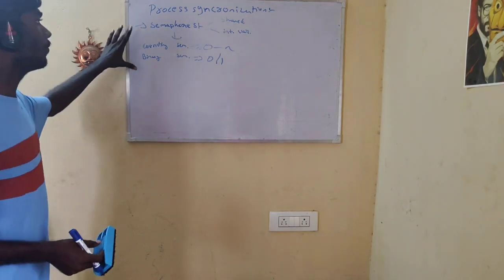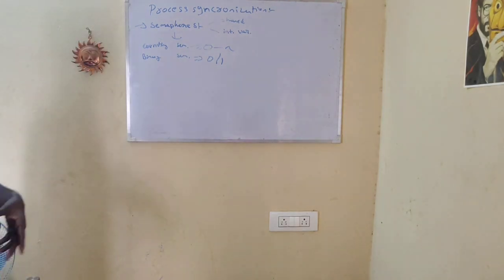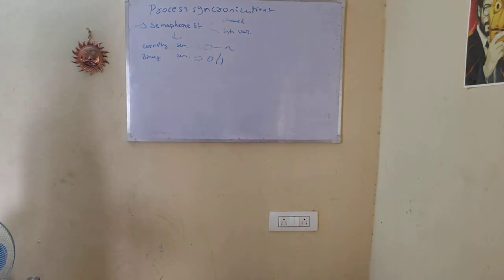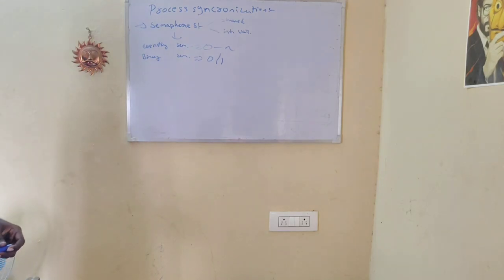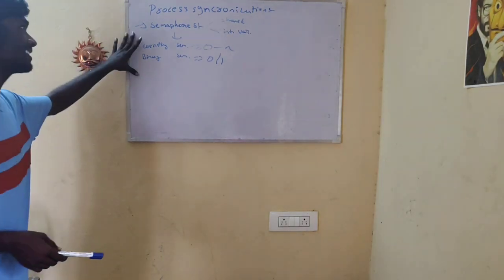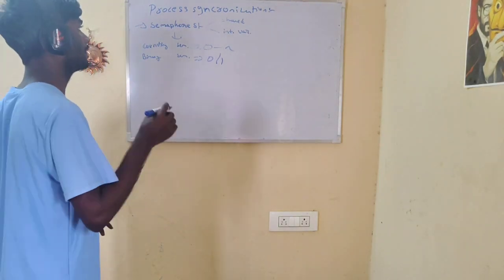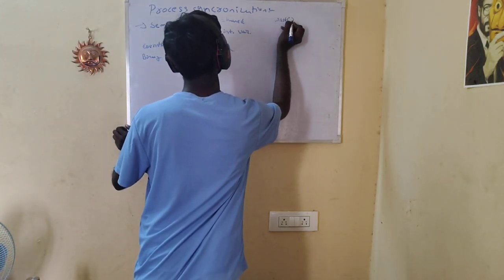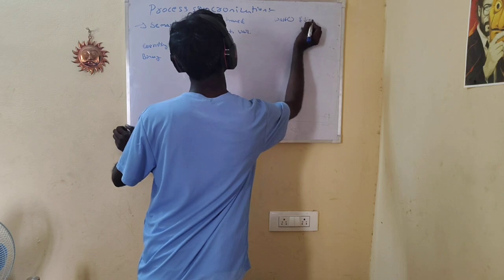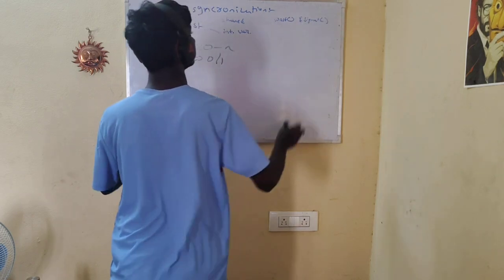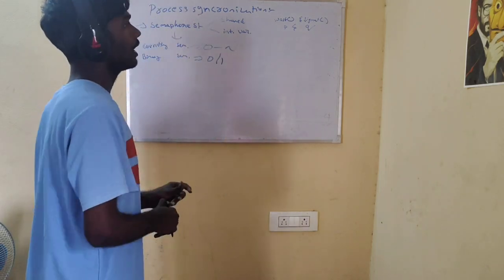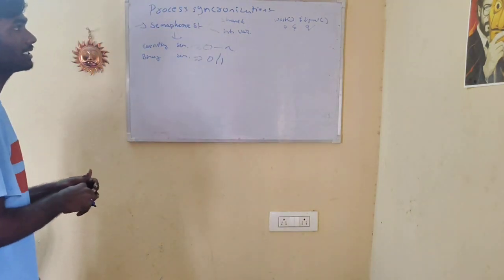Coming to how we are going to use semaphores, we can't directly access a semaphore like how we accessed the turn and flag variables in the previous critical section solutions. To access the semaphores, we need to call two atomic functions called wait and signal, or simply called P and V functions.